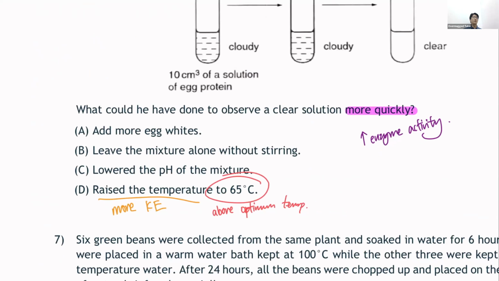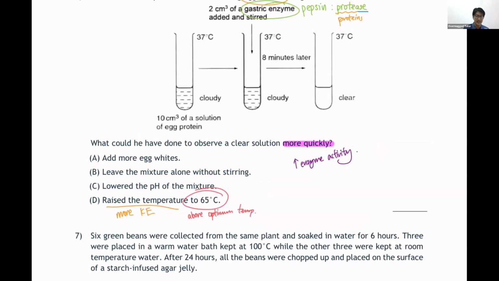What are we going to choose? C is the correct answer. Because what is the condition in our stomach? Acidic due to hydrochloric acid. Thank you. So our answer is C over here. Okay, bringing it closer for optimum pH. Okay, awesome. Let's go.